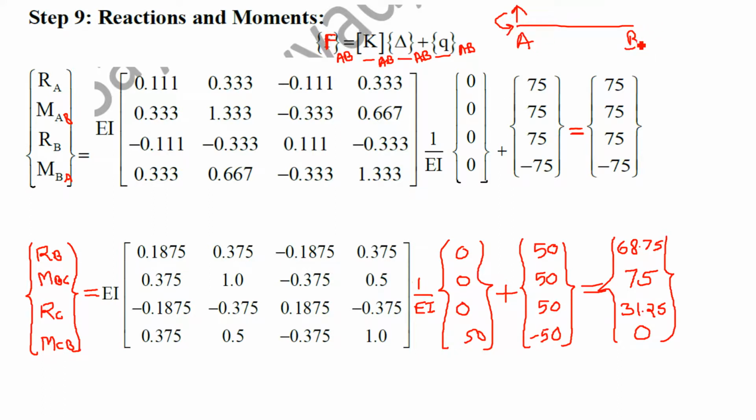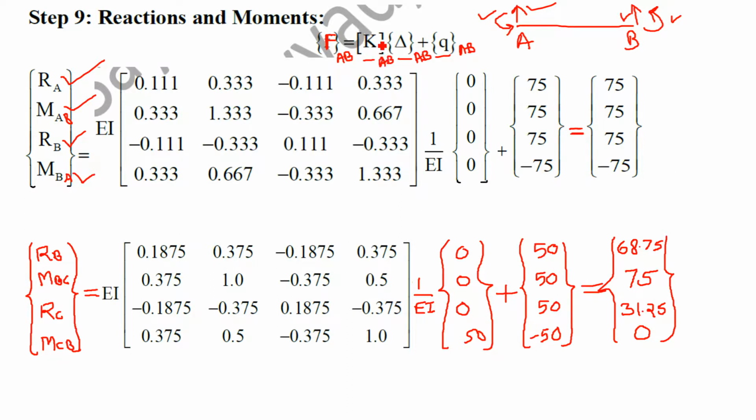Similarly at B, the reaction is RB and the moment is MBA. So RA is the first unknown, MAB the second, RB the third, and MBA at joint B the fourth. These unknown moments and reactions form your left hand side F vector.